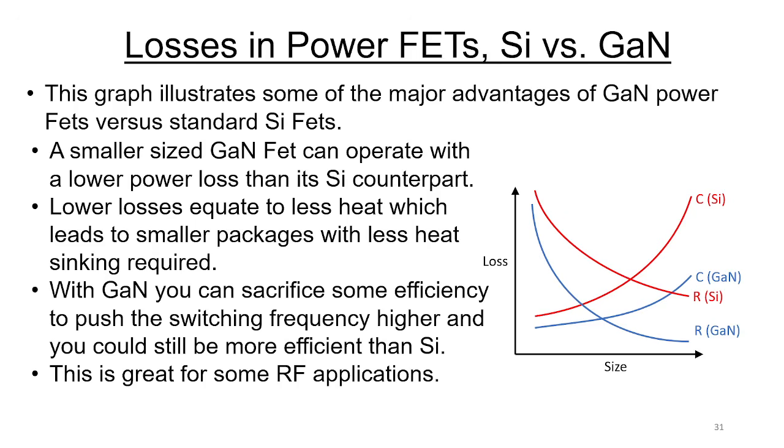With gallium nitride, you can sacrifice some efficiency to push the switching frequency higher, and you could still be more efficient than the silicon counterpart. And this is great for some RF applications. So if you wanted to push the frequency, you would actually increase these capacitive losses, but you could still be lower loss than the silicon counterpart.